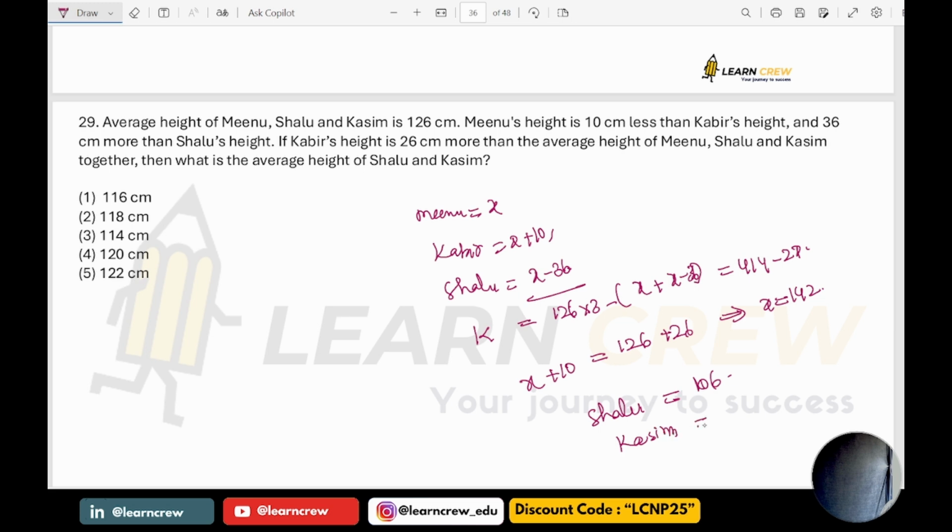Kasim's height would be 414 minus 2 into 142, which is 130. Now average height of Shalu and Kasim, 106 plus 130 divided by 2, which is 236 by 2, 118. 118 is the answer.